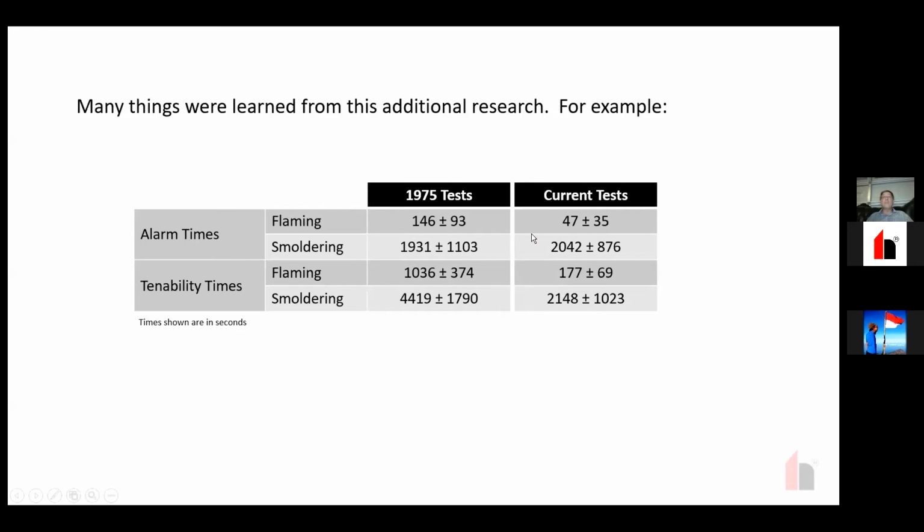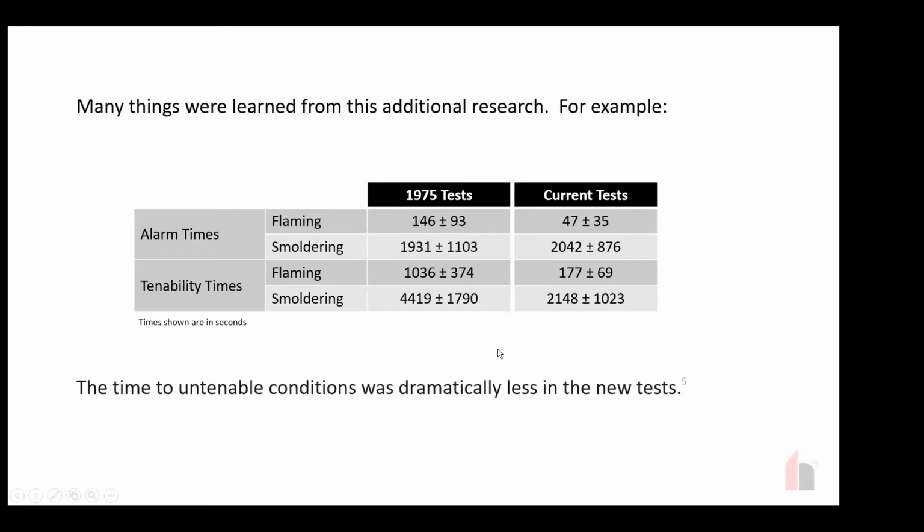They have less than 2 minutes from the time the detector goes off until the room is untenable. Clearly, the time to untenable conditions from when the alarm is signaled until the room is unoccupiable was dramatically less in these new tests.